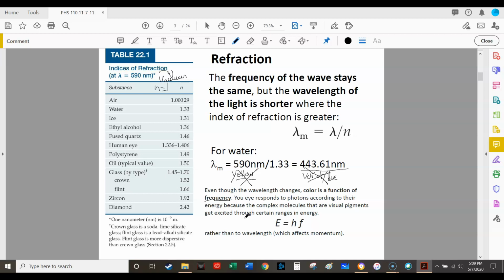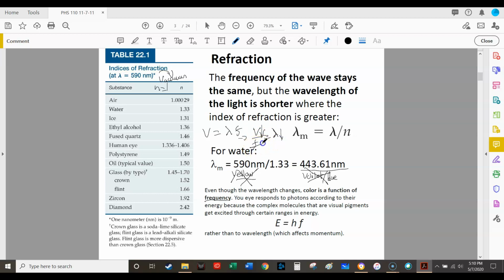So what is changing though? Again, velocity is equal to wavelength times frequency, right? And so that velocity is going to go down, okay. If your object is slowing down, well, that's going to lower your wavelength, right?